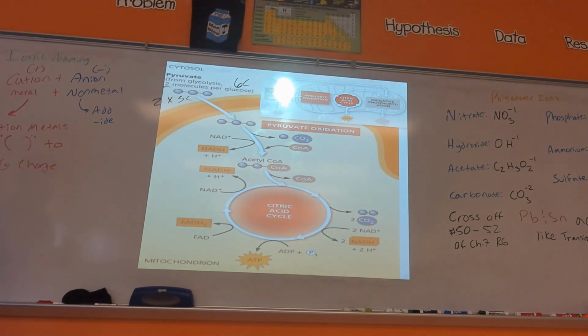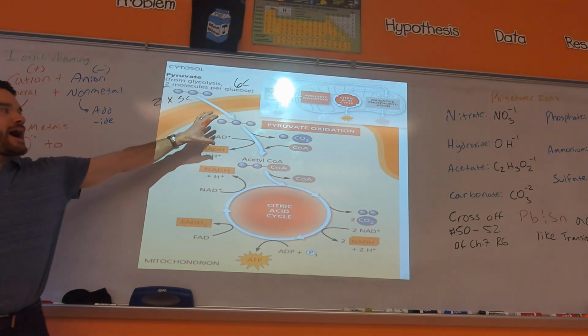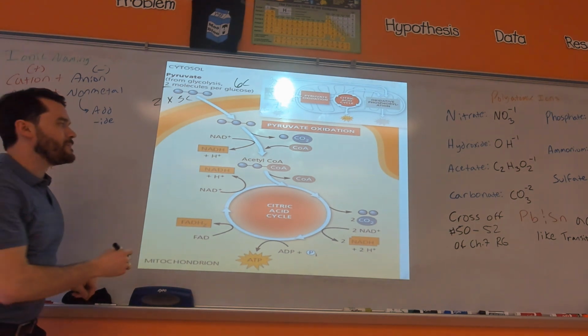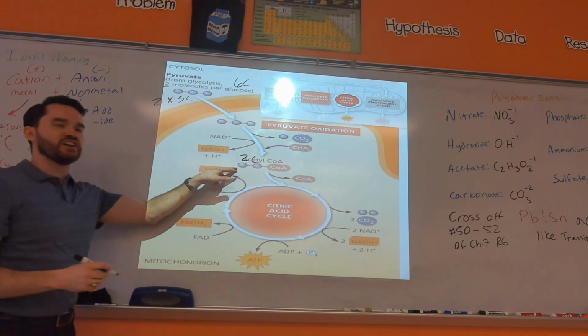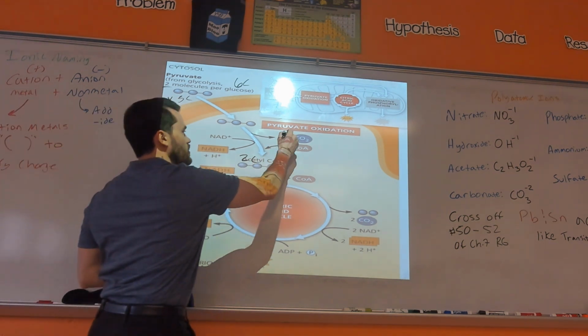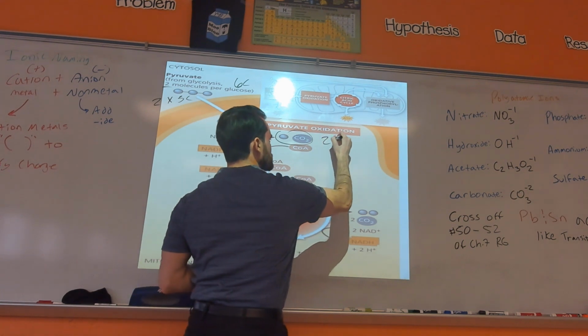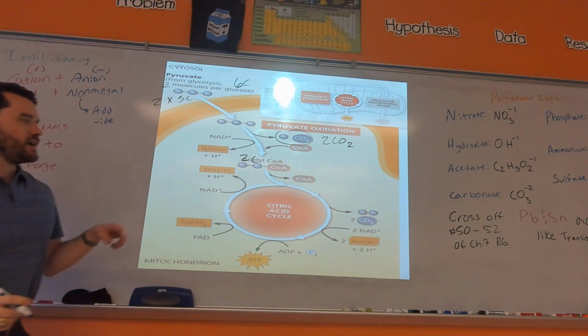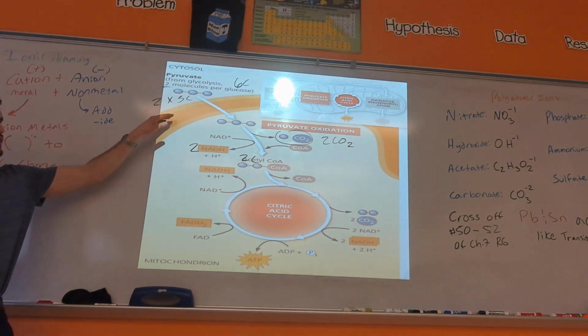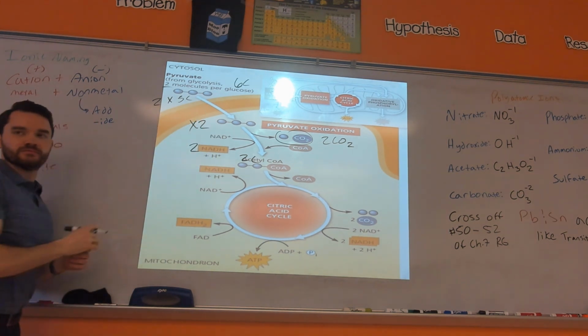That's why you have 2 pyruvates. This will come in. Pyruvate oxidation is that step before the citric acid cycle where we're going to make that 2-carbon acetyl-CoA sugar. And we make that because we lost a CO2. So we make 2 CO2s here and 2 NADHs because we have to do this cycle times 2.